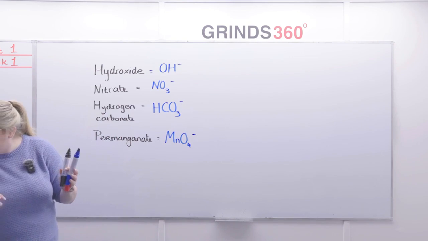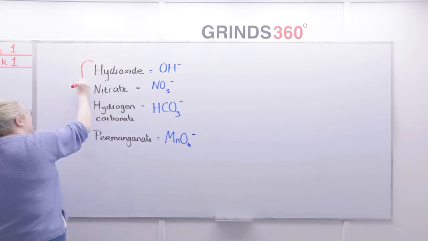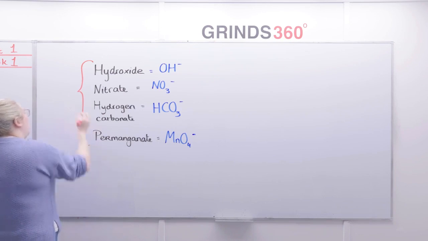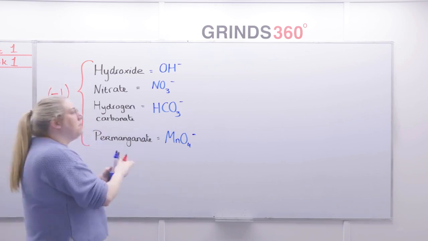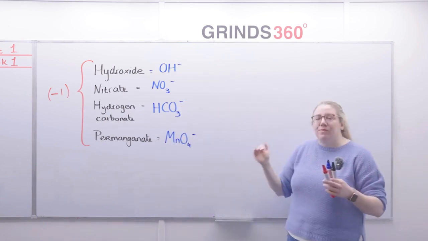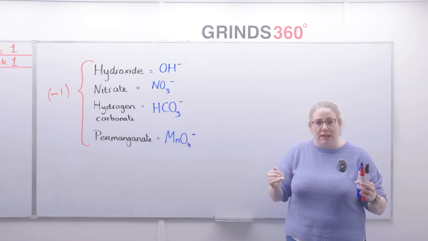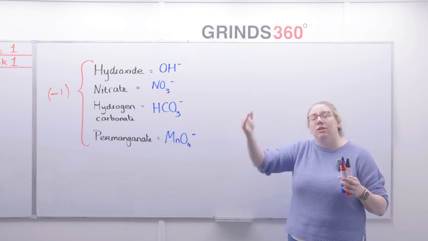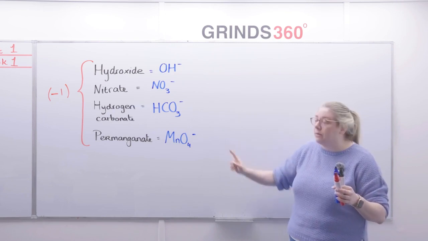Next up, now we're moving into the -2s. Now before we get there, I'm going to write the charge beside all of these. All 4 of these ions have a -1 charge, so they're -1 ions. Now, from those 4, it depends whether you're in 5th or 6th year, which one I will tell you to focus on. 6th year, unfortunately, you need to know all of them in this table. Chromate and dichromate, we'll let you away with that, but the rest of them, yes, you need to know them.